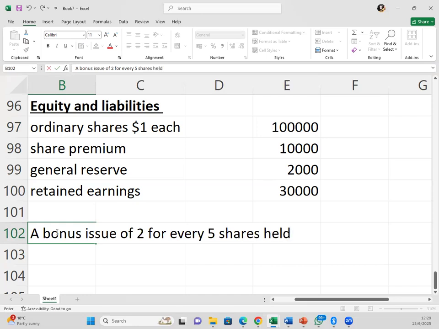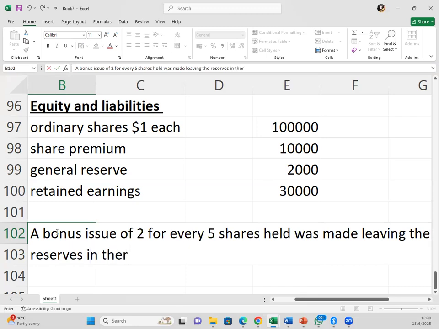Held was met, leaving the reserves in their most flexible form. My reserves: share premium is a reserve, general reserve, retained earnings.